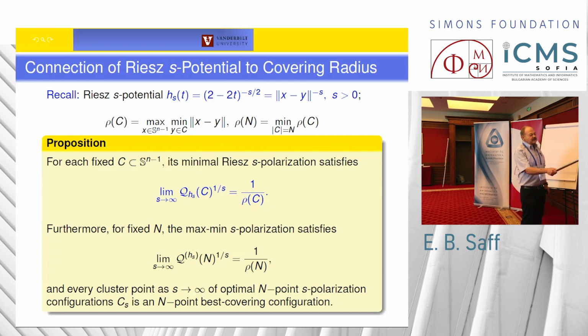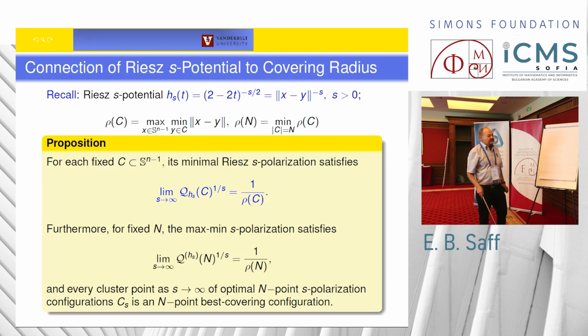And as s goes to infinity, this simply has a limit, which is 1 over the covering radius for that configuration C. And furthermore, for fixed n, you can optimize, look at the optimal point for each n given by s, and take its limit as you raise it to the 1 over s power, and it gives you the optimal covering radius by n points for the sphere.